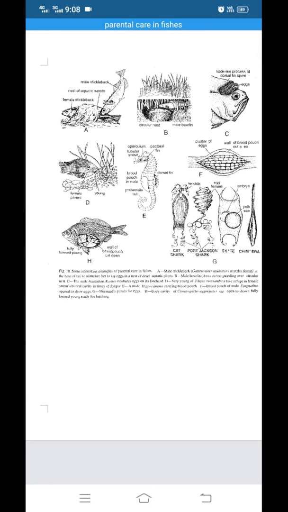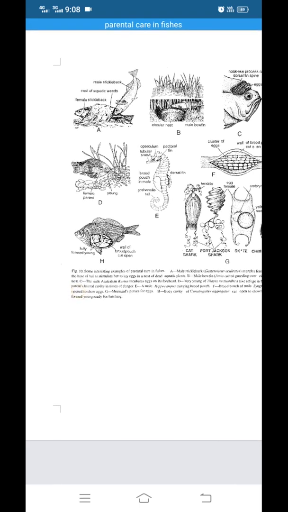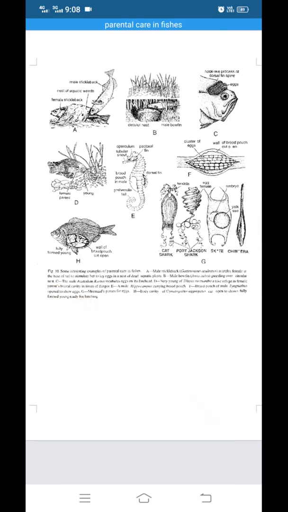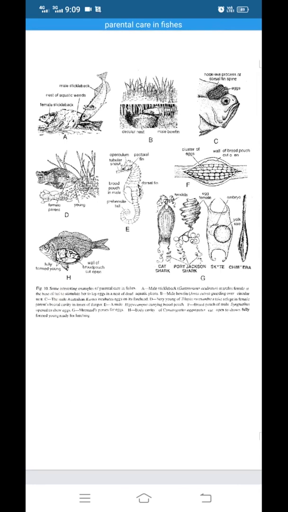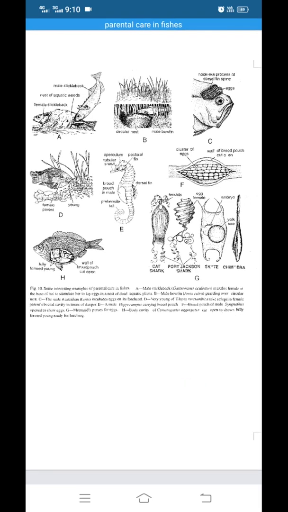In the siluroids Aspredo and Platystacus, the fertilized eggs are pressed into the soft spongy skin of the belly of the female, and each egg becomes attached with the help of a stalk into a cup-like depression of the integument and is carried until hatched. Another kind of parental care is shown by the males in catfish like Arius and by females in cichlids and tilapia, which provide shelter in the mouth, as these are mouth brooding fish, where the fertilized eggs are carried in their mouth cavity.